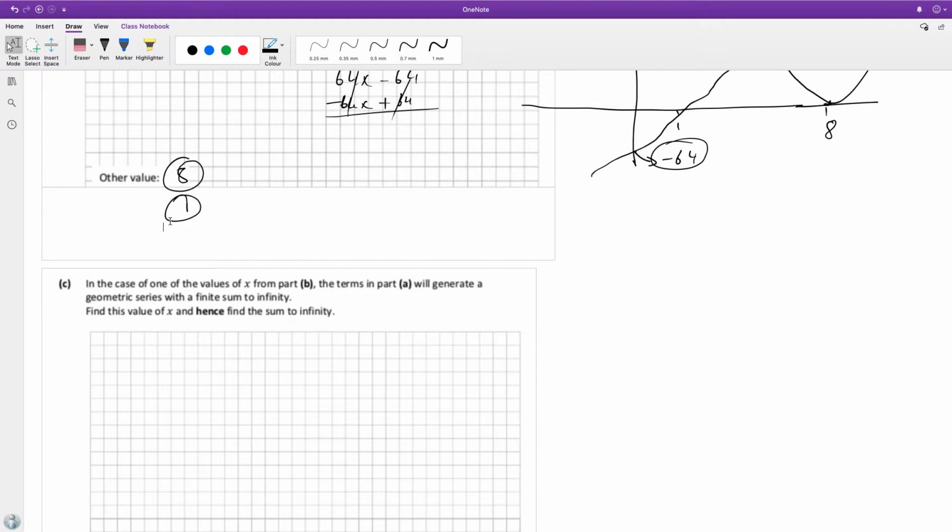How will we check if the values are going to give me a geometric series? Check if it's a geometric series. So what was my T1? What was my T2? And what was my T3? When x is 1, give me the values of all these 3.